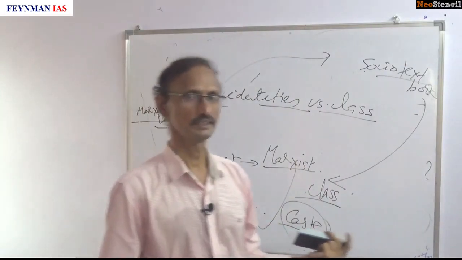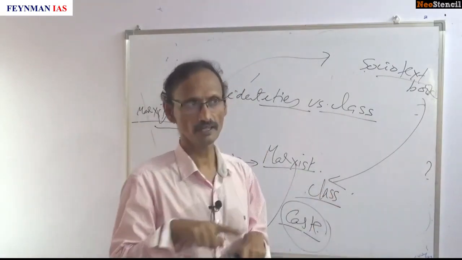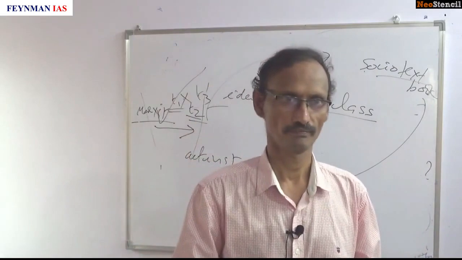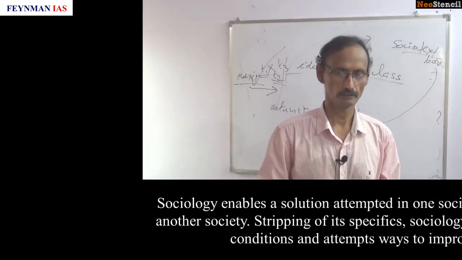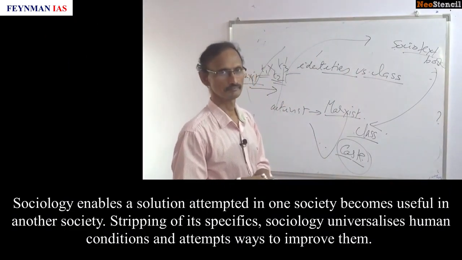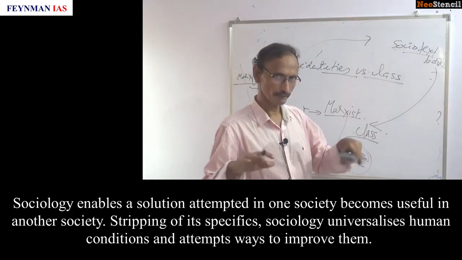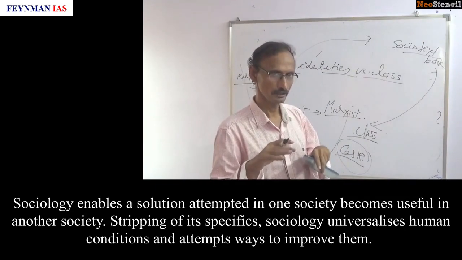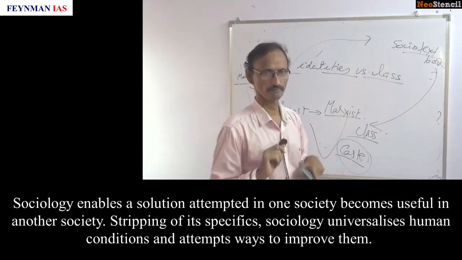So what is sociology? Sociology is about generalizing the problem, generalizing a perspective, so that solutions attempted at one place will be useful at other places. Abstraction, removal of the inessential, and developing a common vocabulary. Ethnicity is common vocabulary, caste is not.